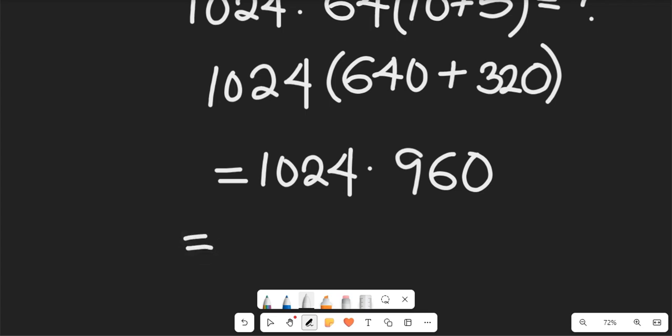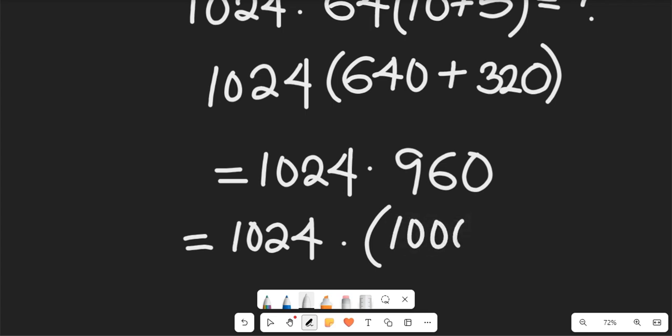Now to simply multiply these two expressions, I can expand it in way of multiplying, or you can multiply it straight, but it's going to be a long multiplication. This will give me 1024 multiply, let me take 1000 minus 40 will give me 960, right?